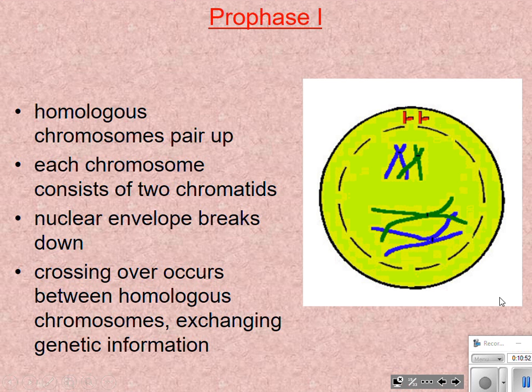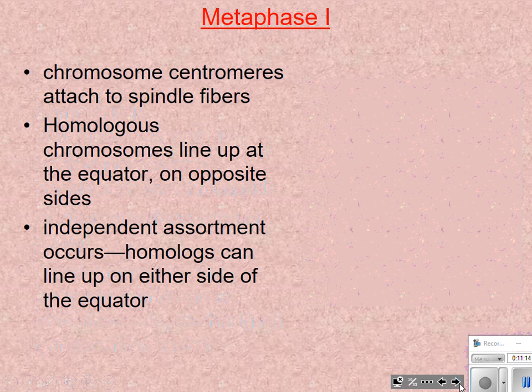What's more important right now is that in the very first circle on your diagram, you are drawing in and labeling prophase number 1. Okay, so after prophase 1 comes metaphase 1.